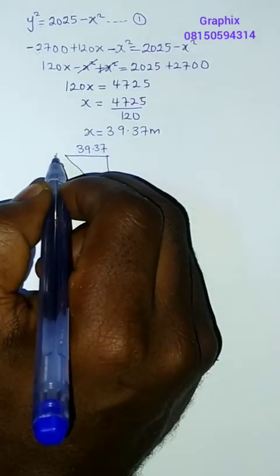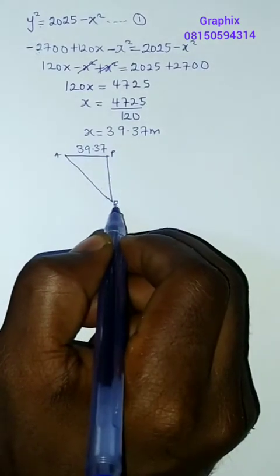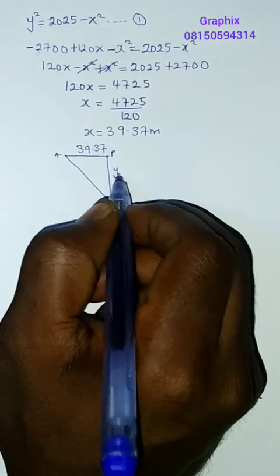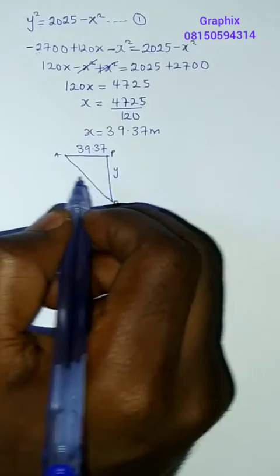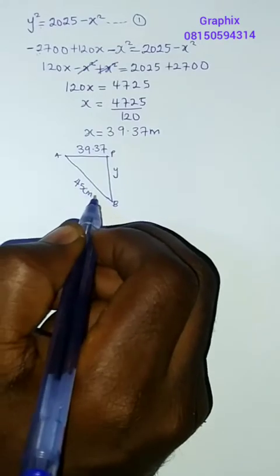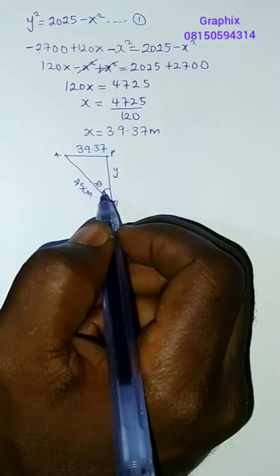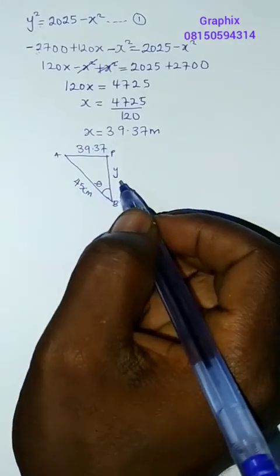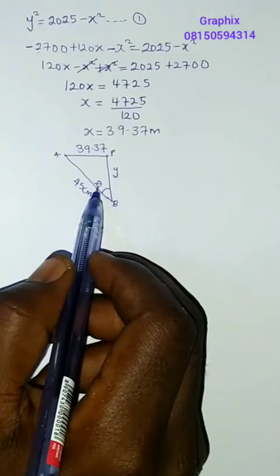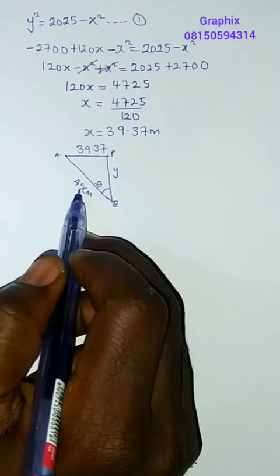This is A, P, B, and this is my y, right? And this is 45 centimeter. I'm redrawing. This is my theta. Are we good? So now the next thing is I want to get my angle that is here. The angle is facing this opposite, and this is the hypotenuse.